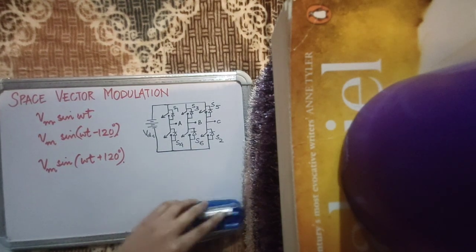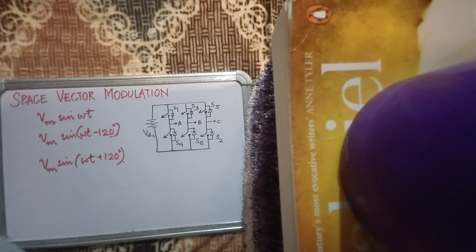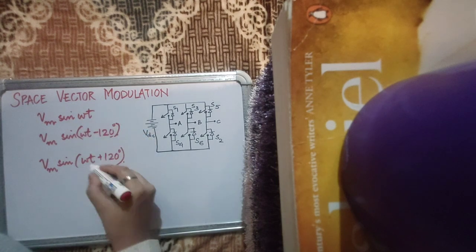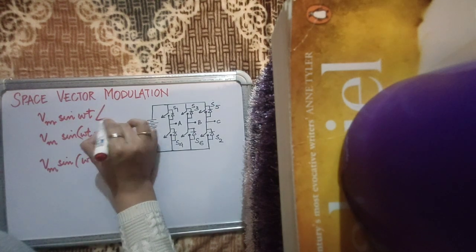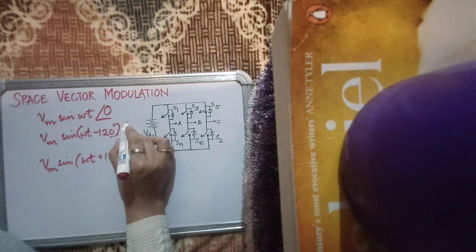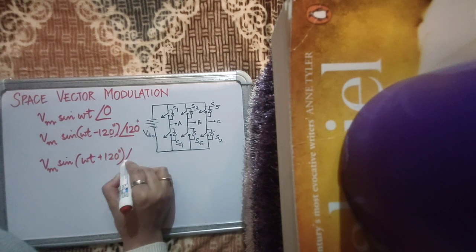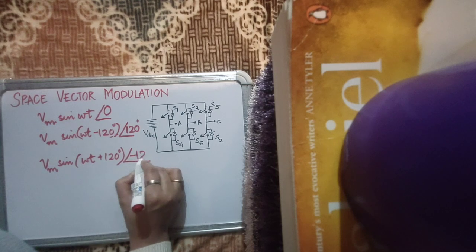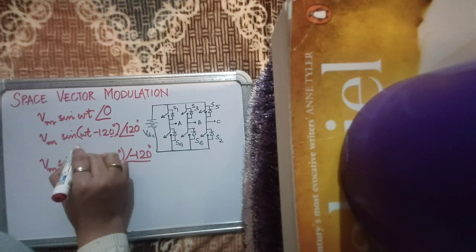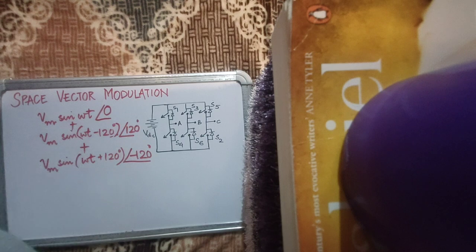So now I desire a set of three-phase voltages at the output of this converter, and I simply add these three up by assigning a space angle of 120 degrees to each waveform, and then I add them up.